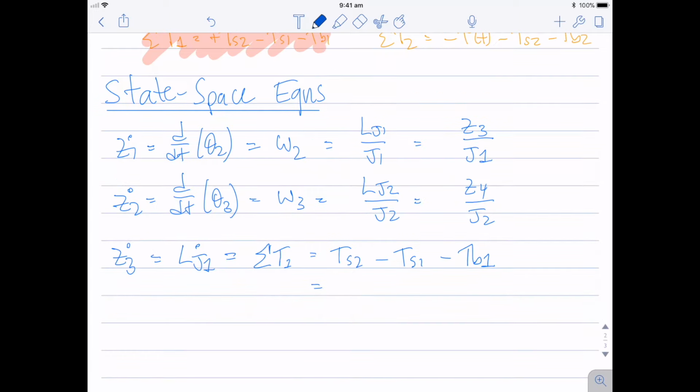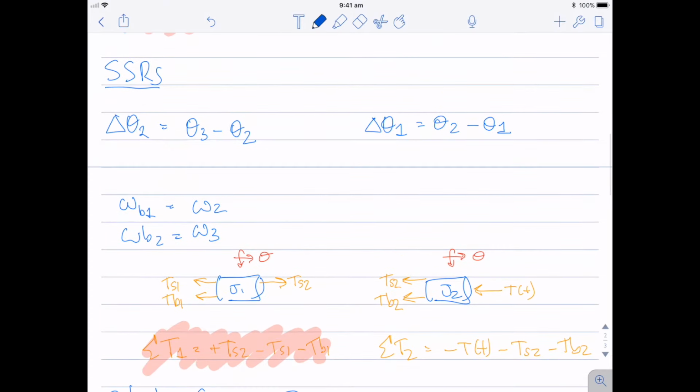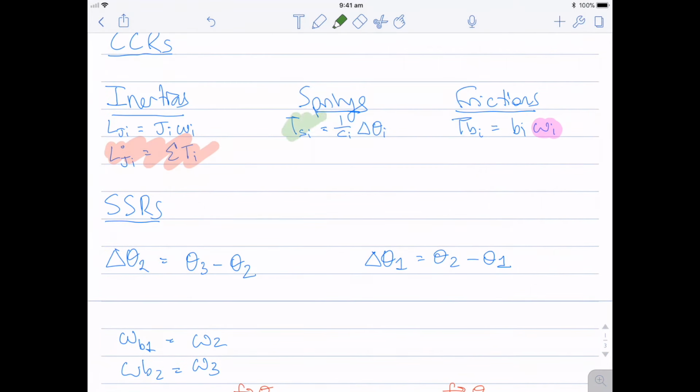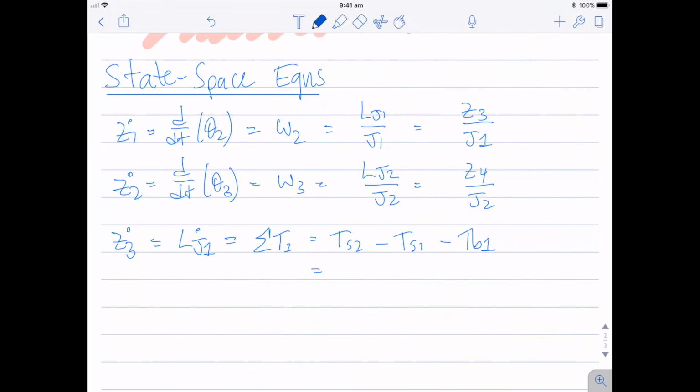Well, TS2, according to our CCR, which is up here, should look like 1 on C2 delta theta 2. And TS1 should look like 1 on C1 delta theta 1.